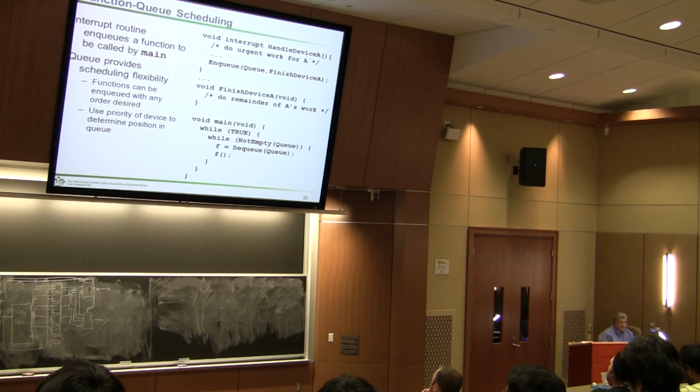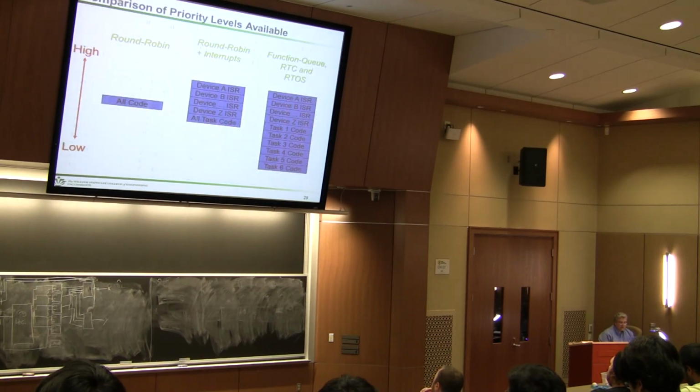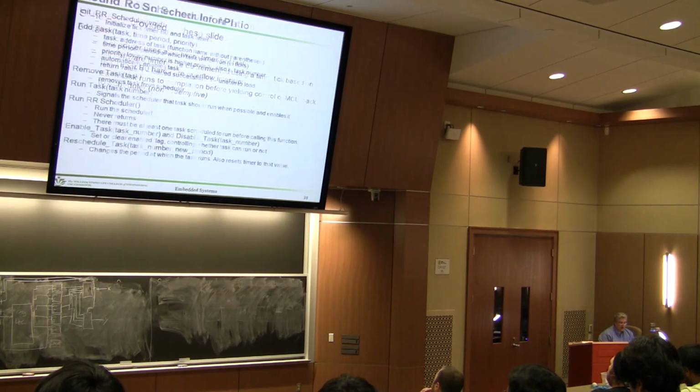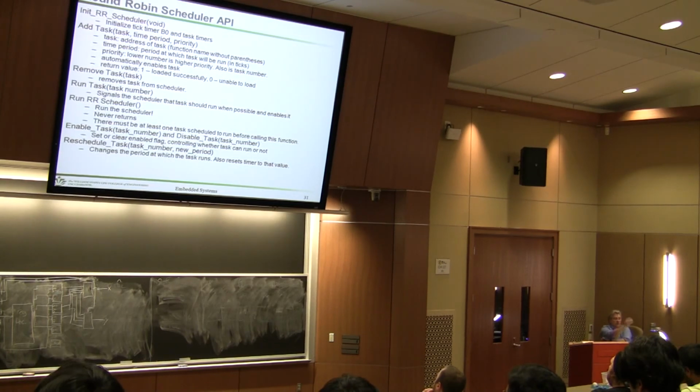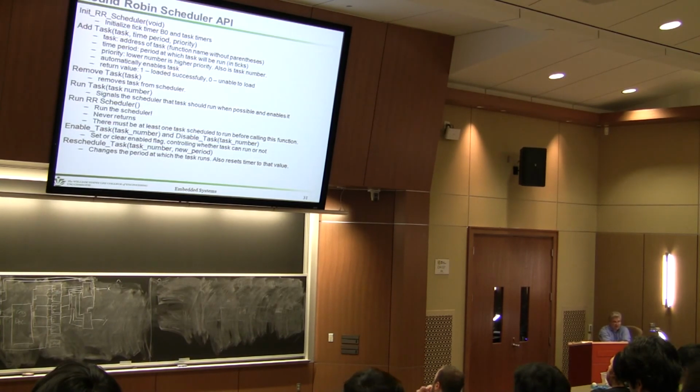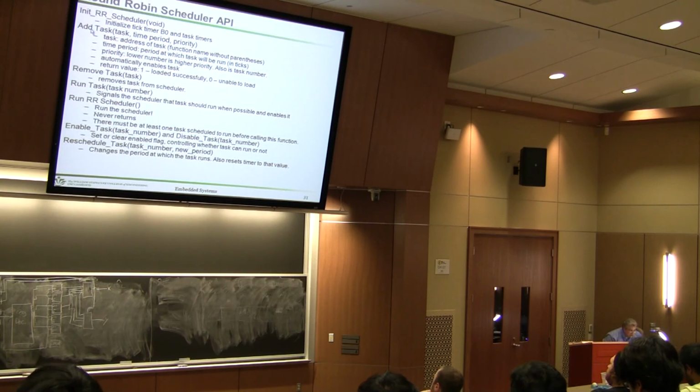Oh man, we're going to have to find a good example of that. In fact, I'm going to address it now. Here we go. We have these application programming interfaces, and we're going to start up the round robin scheduler. We're going to add a task. There's no space between these, so it's all squished together. Remove task, run robin scheduler.